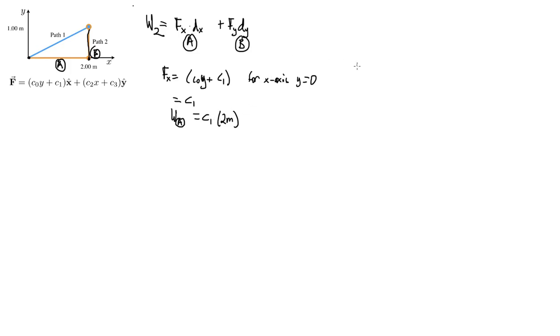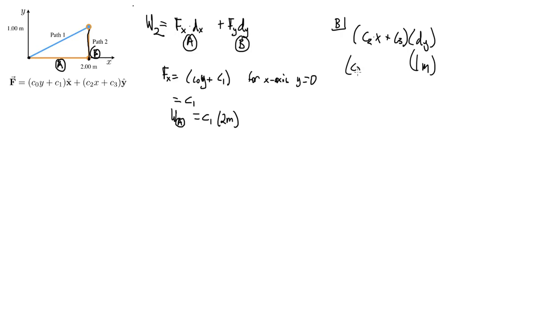Okay, how about the second path? For B, we have the force in the y direction, which is C2 times x plus C3, times the displacement in the y direction. That y displacement is just 1 meter.